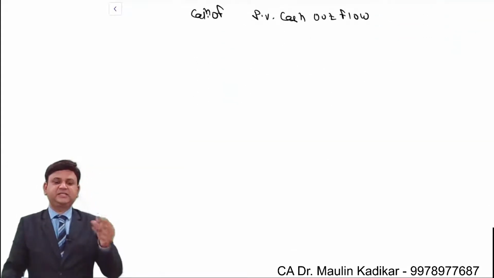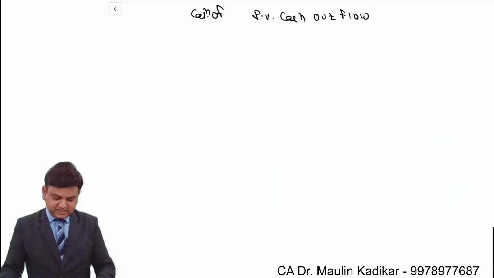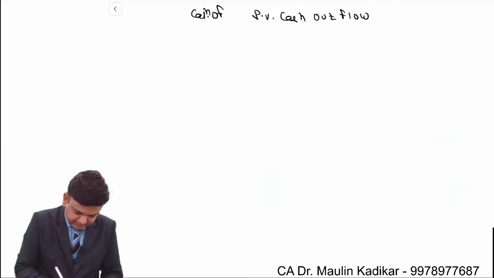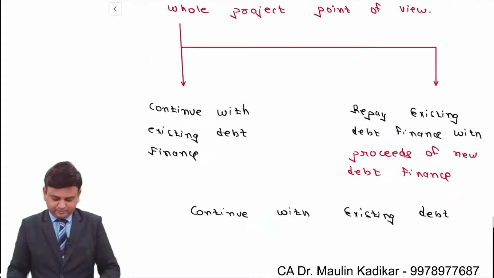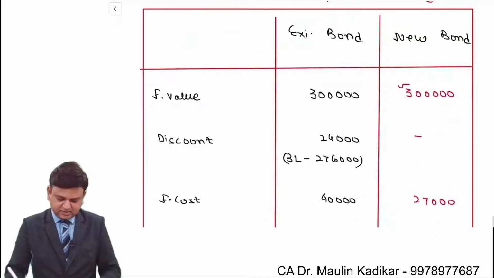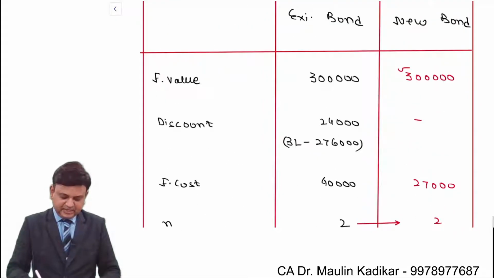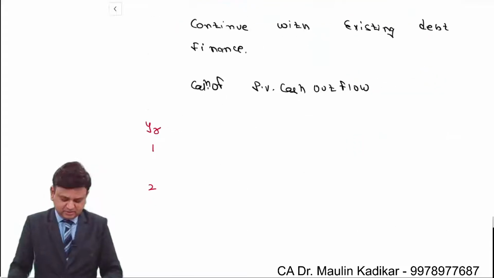Now let us understand how to make the calculation of the present value of the cash outflow if at all we continue with the existing debt finance. We understand it like this. First year and second year, the amount of the debt financing is 3 lakhs. Rate of interest is 12.5%.